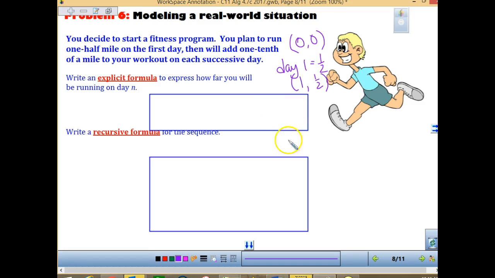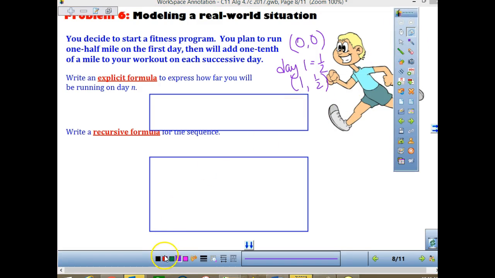So you can decide which point you want to use. Do you want to use the 0, 0, or the 1/2? Please write your equation. Abby, which form do you want to use? The 1/2.